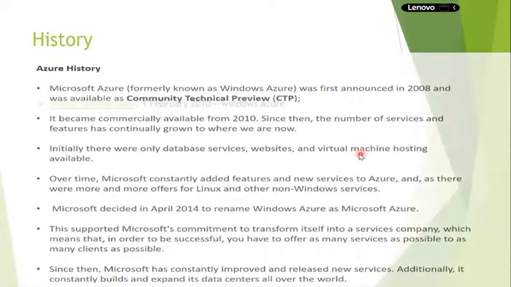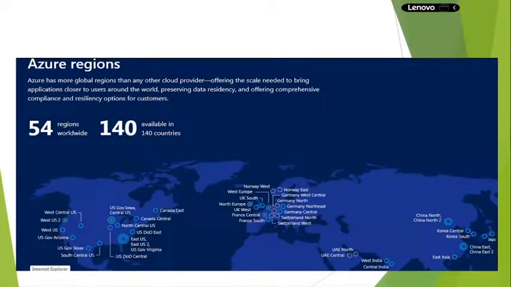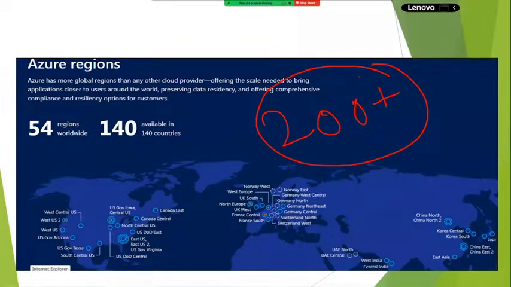Why Microsoft Azure, why not AWS: Microsoft has around 200 plus data centers around the world. No other cloud has this many data centers.